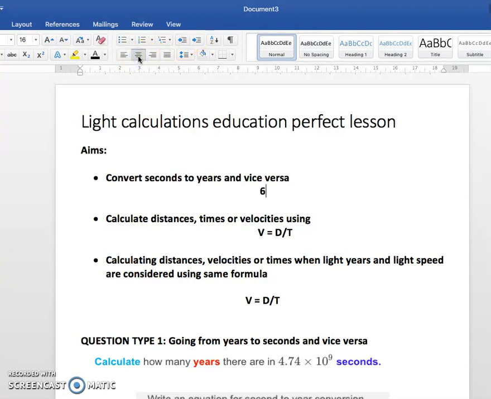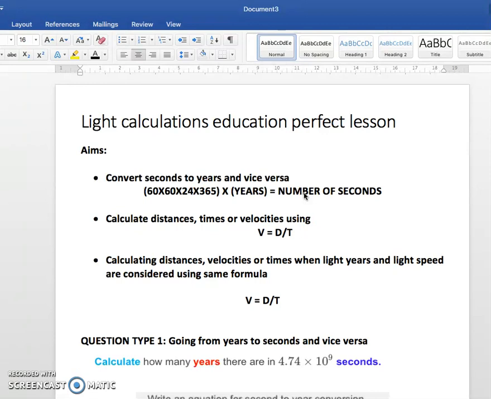So there are 60 seconds in a minute, times 60 minutes in an hour, times 24 hours in the day, times 365 days in the year. Now, if you multiply this by a number of years, you will end up with the number of seconds.